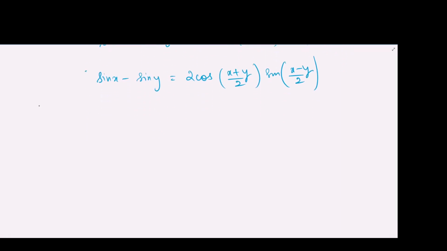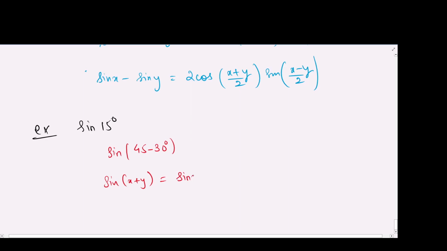So we have, for example, sin 15 degrees, which we can write as sin(45 minus 30). According to the formula, sin(x plus y) is equal to sin x cos y plus cos x sin y.